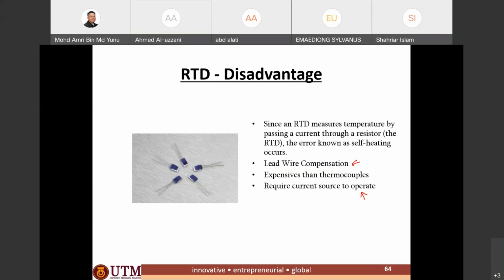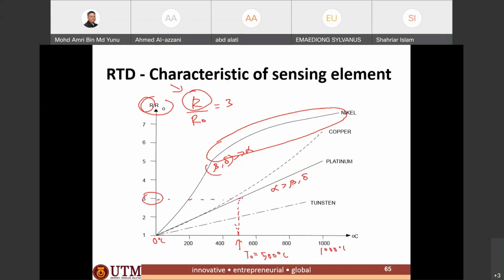The simplest conditioning circuit we can construct is using a voltage divider, for instance. That's the simplest one. And then we can also use a Wheatstone bridge and so on. So these are the characteristics of the RTD sensing element.